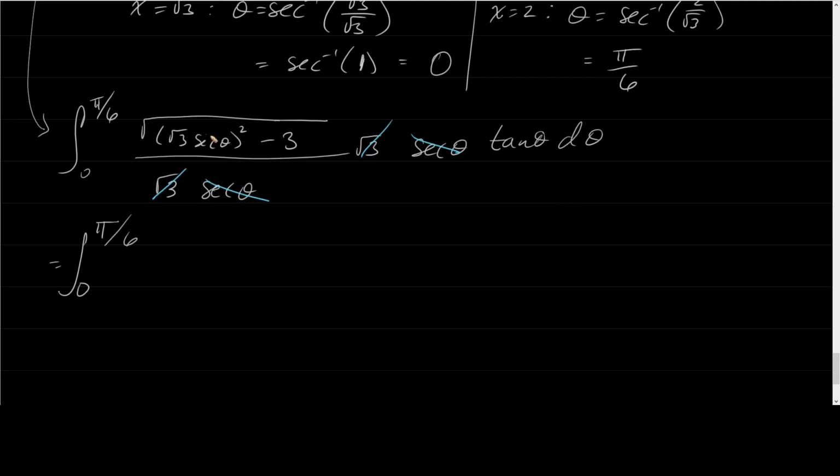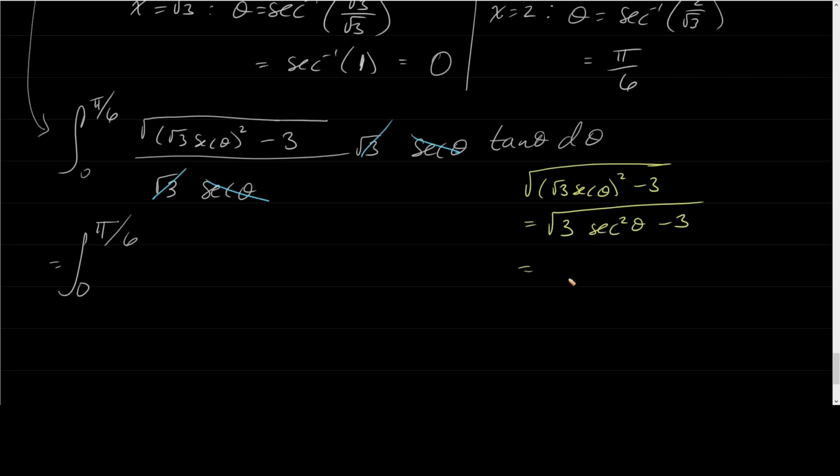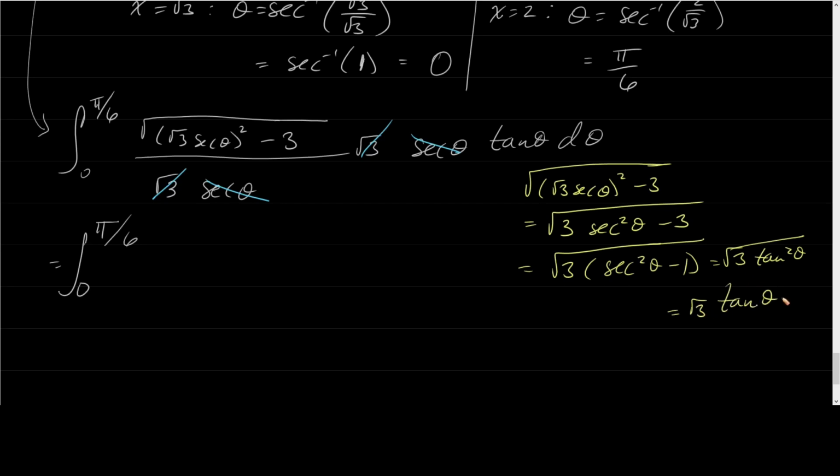So we've got the square root of radical 3 secant theta squared minus 3. That's going to give us the square root of 3 times secant squared theta minus 3, which is going to be the square root of 3 times secant squared theta minus 1, giving us radical 3 times tan squared theta. And as our final result there, it would be radical 3 times tan theta.